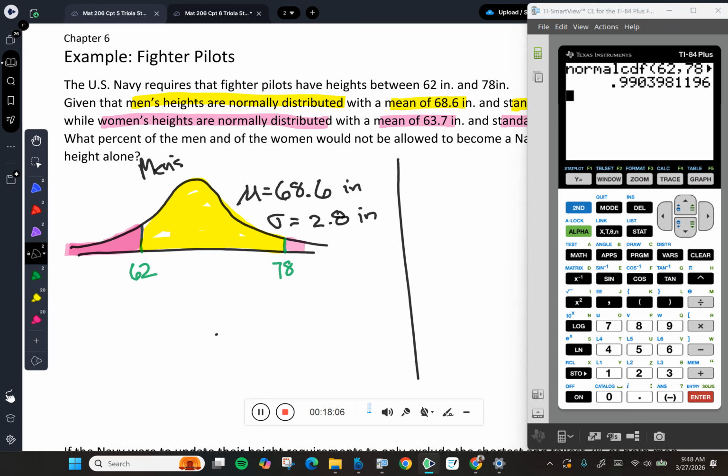So 0.9904 is the yellow area. So 1 minus 0.9904 gives me 0.0096, or less than 1% of the men would not meet those requirements.